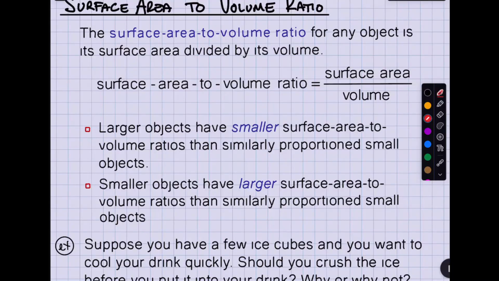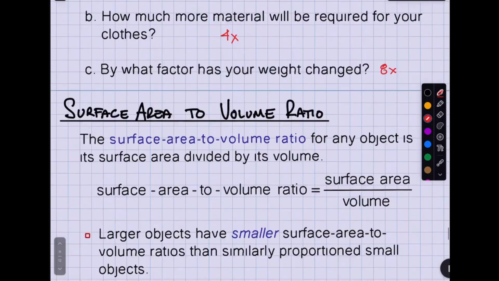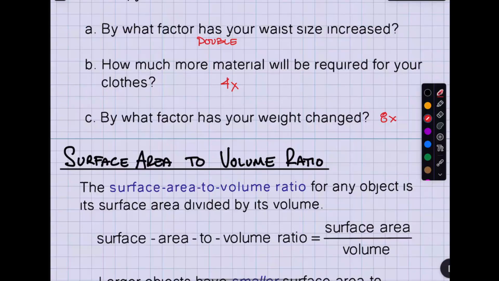Professor, what was the weight change? 8 times. Okay, that was volume. Yep. That'd be more like volume, yeah.